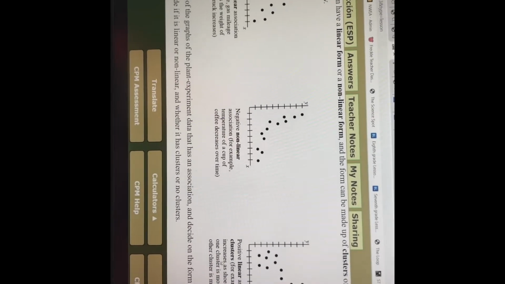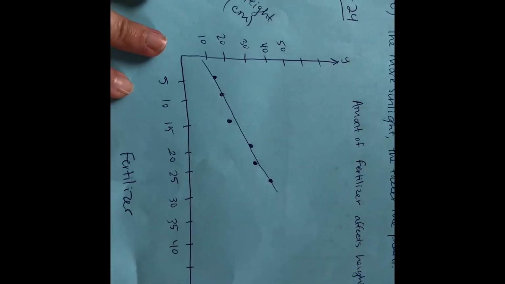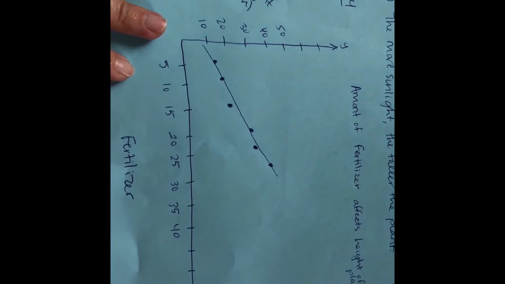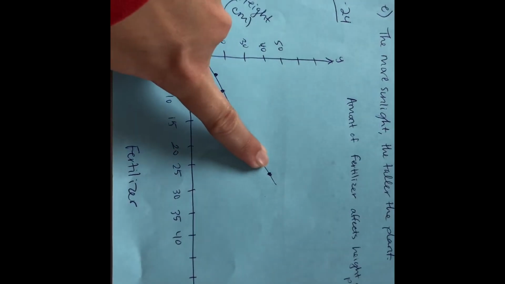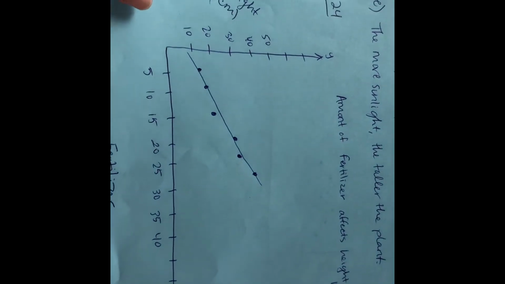All right. So now it says to review each of the graphs that we just did. We know that it has an association, and we're going to decide on the form of the association right now. So whether it's linear, nonlinear, and whether it has clusters or no clusters. So let's look at the first one. I'm looking at a pretty linear form here.